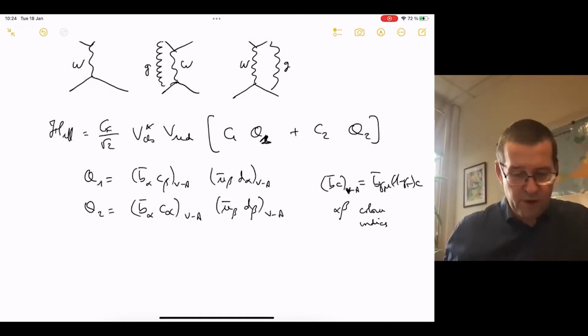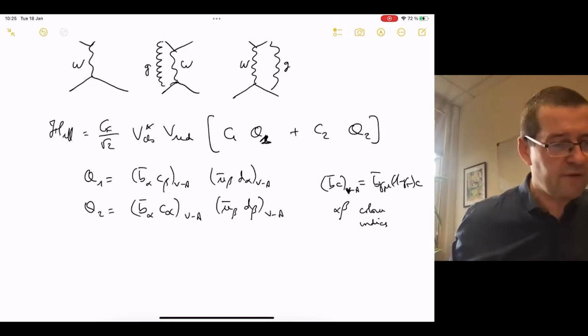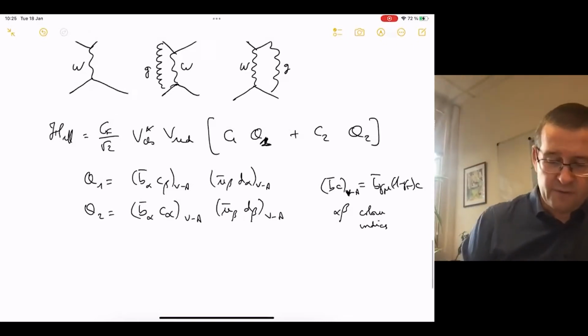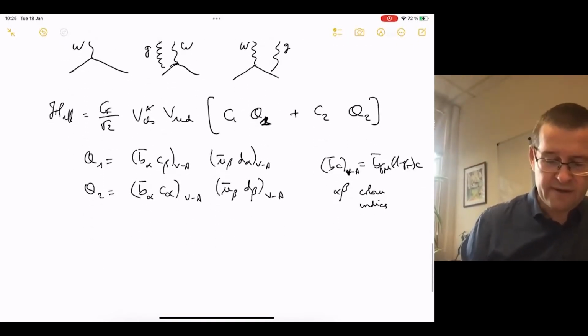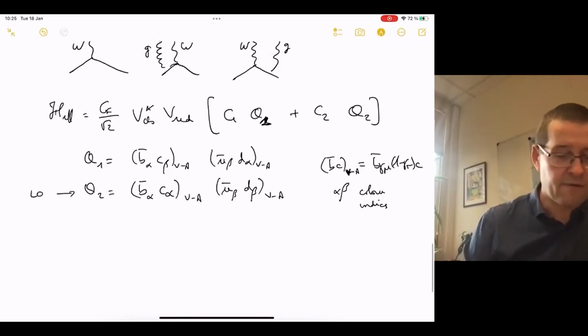But this way of writing is also possible. There is no problem with that. Okay, and so this was already given at leading order before corrections, and then that's a new term.